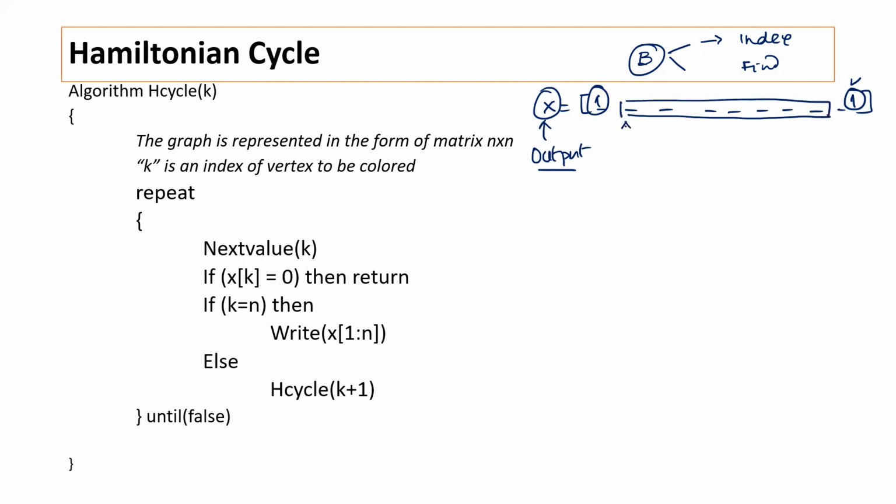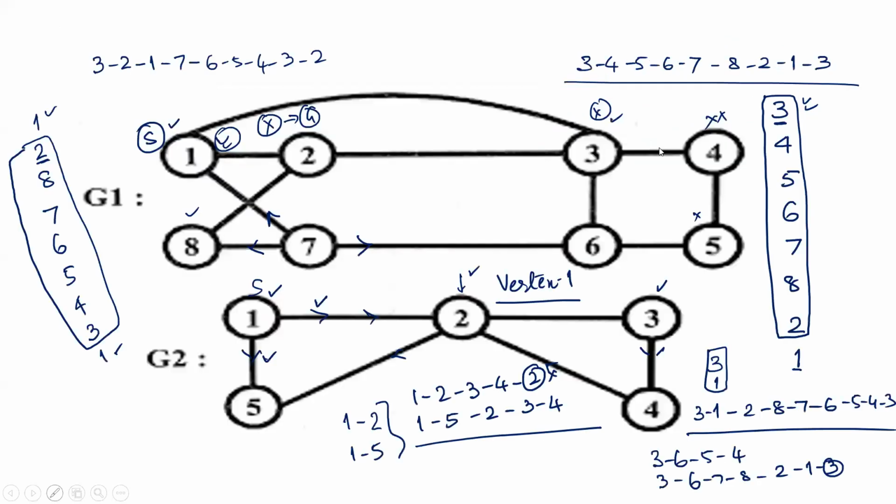While writing these vertices in this array, it is essential to check whether the constraints are satisfied or not. So what are the two constraints? One is, for example, if I am starting from vertex 1 to 3 and then 3 to 4, then there must exist an edge between 3 and 4. That is a compulsion.